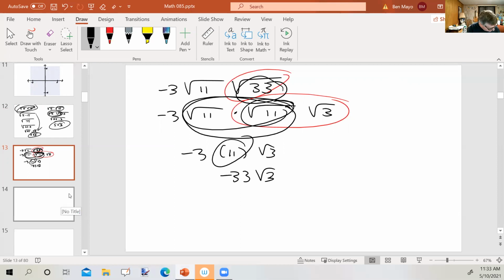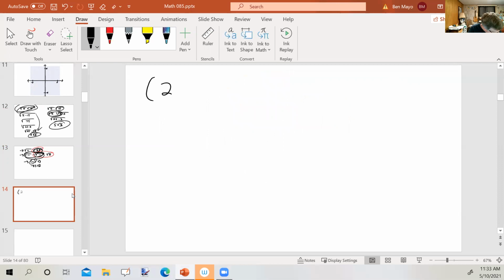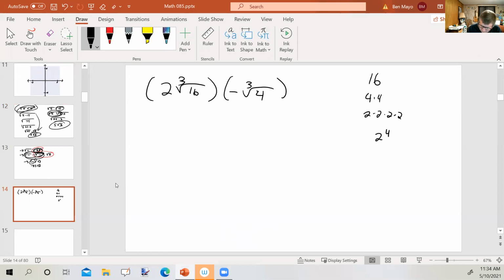Okay, let's say we've got 2 cube roots of 16 times negative the cube root of 4. Okay, well, 16 is 4 times 4, or 2 times 2 times 2 times 2, or 2 to the 4th power. And 4 is 2 times 2, or 2 squared.